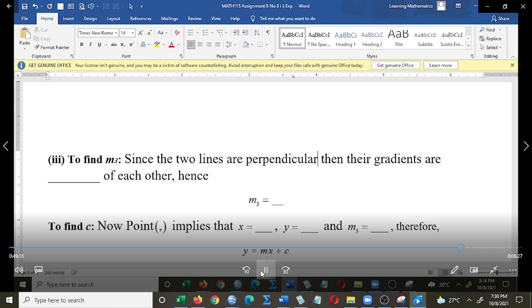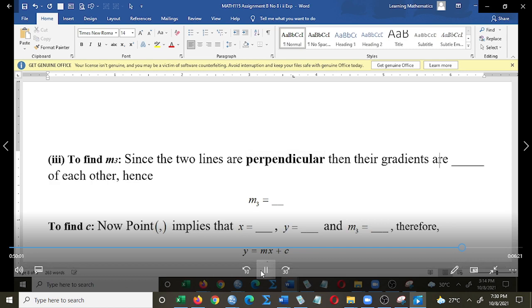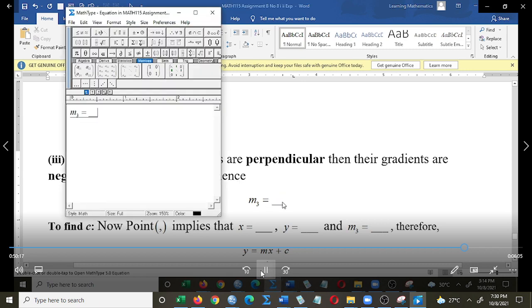Perpendicular, then the gradients are the inverse of each other. Negative inverse. So hence M2 is negative 5.